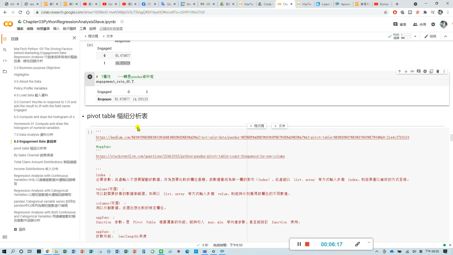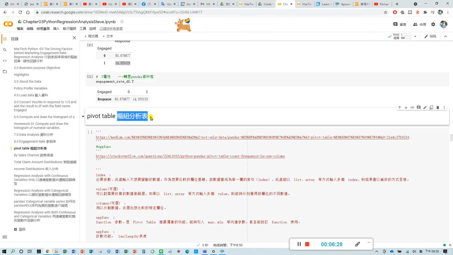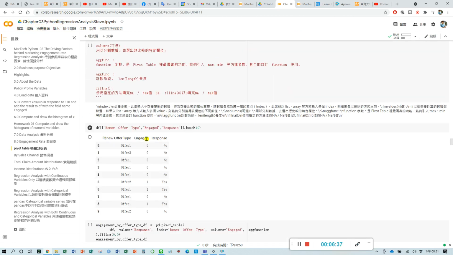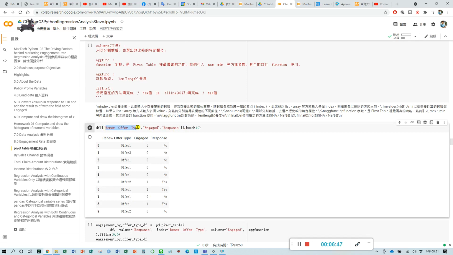Okay, so later I would like to introduce the pivot table, we call 枢纽分析. It's the cross validation for your variables. Okay, so here we have to show the renew offer type, this variable, and engaged, and response, these three variables.